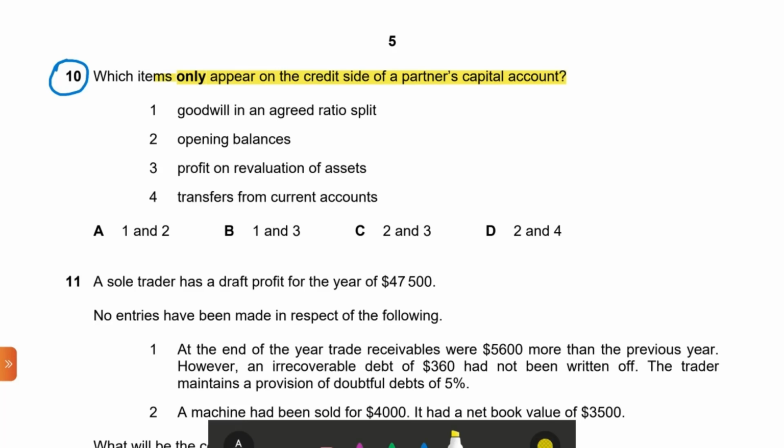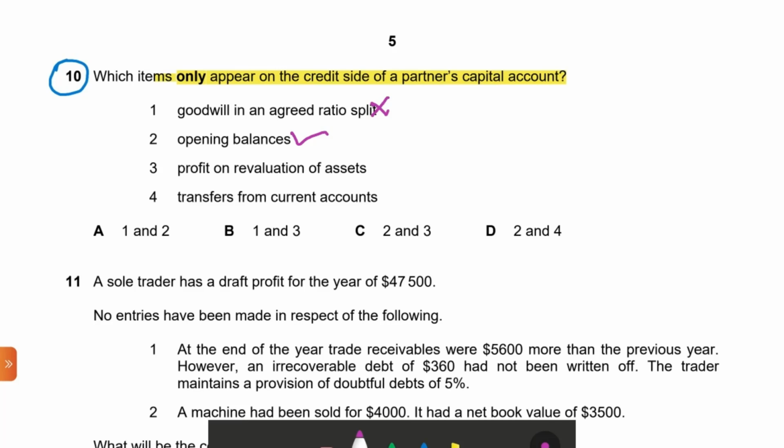So, goodwill in an agreed ratio split will not come on the credit side. The splitting of goodwill is not coming on the credit side. Opening balance is the balance of capital account till now. Yes, that is the correct one. Opening balance will be on the credit side of capital account.